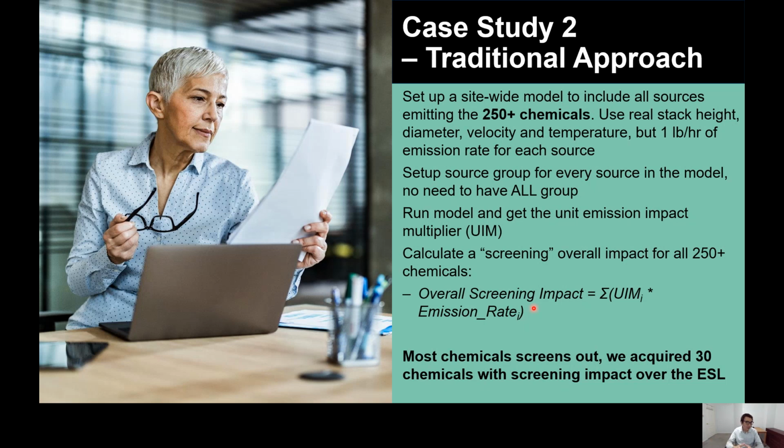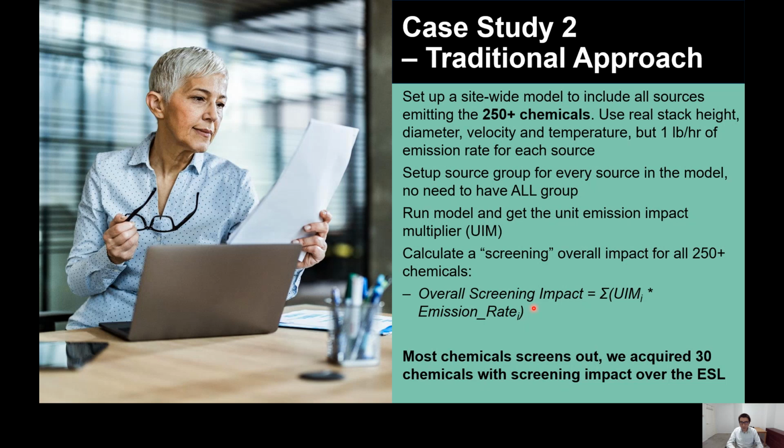I just used a simple example, but in other cases, if you have 2 stacks or 3 stacks or more, you can definitely set up a source group for every source in the model. There is no need for the ALL group because it doesn't make sense when it's just 1 pound per hour.